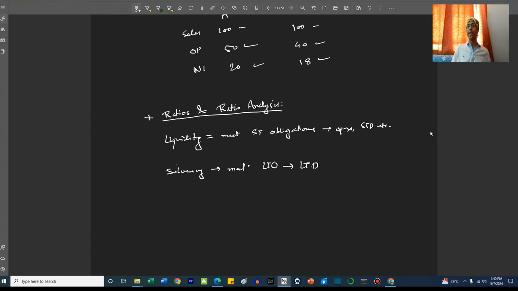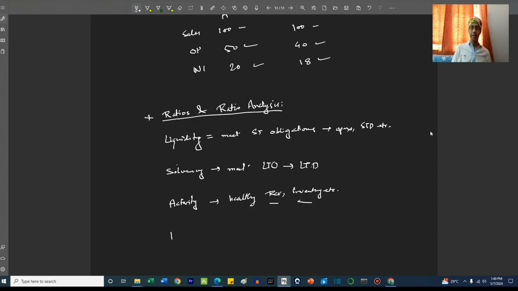Then the company has to take care of its activity parameters. Activity parameters means the company should be able to maintain a healthy level of receivables, inventory, etc., so that compared to the revenues, they are not too low, not too high.